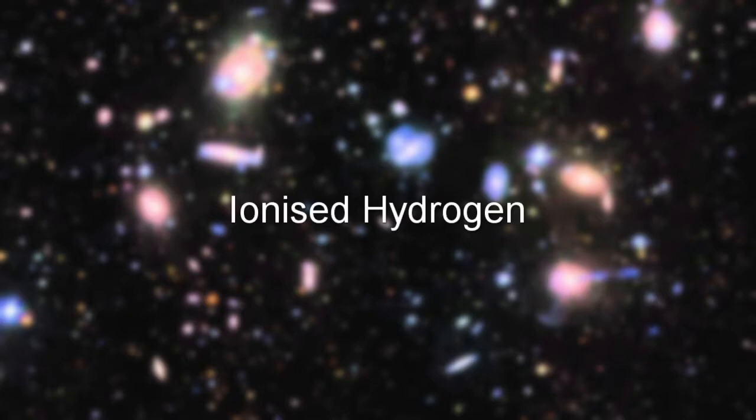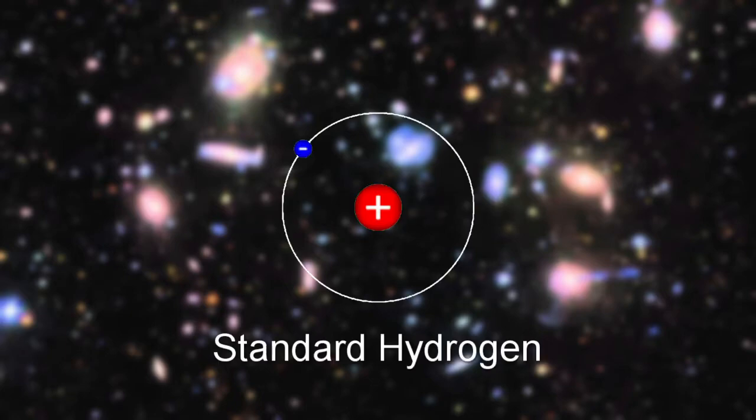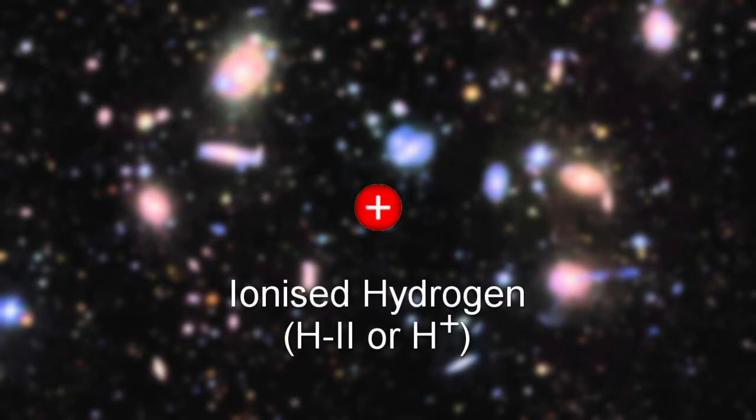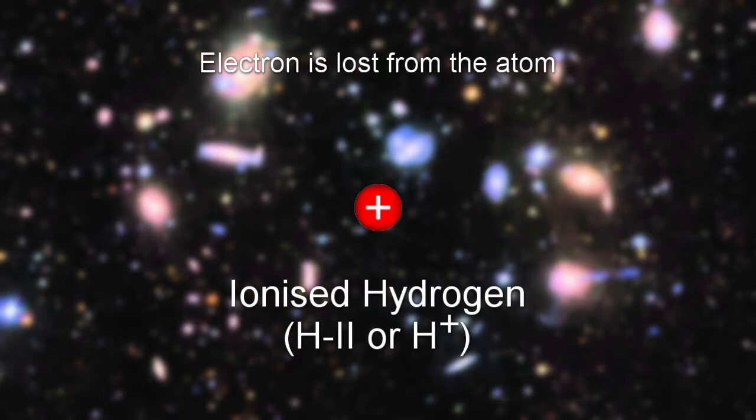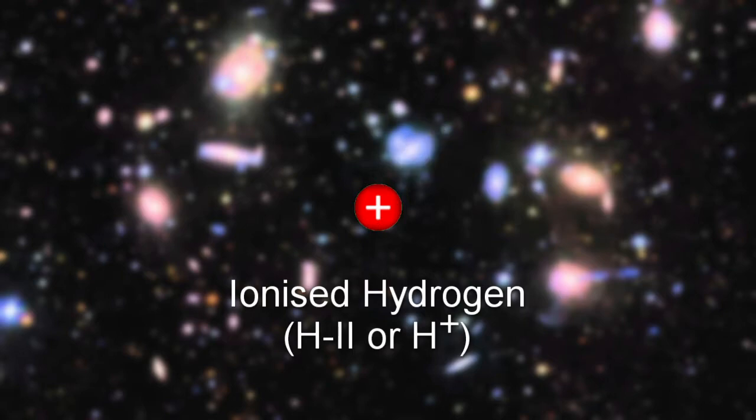This means that, unlike with a normal hydrogen atom that has one proton in the middle and one electron orbiting around it, in the H2 case, which is what makes up these H2 regions, the electron is lost from the atom. So all you're left with is quite simply just a single proton. And that is what the ionized hydrogen is.